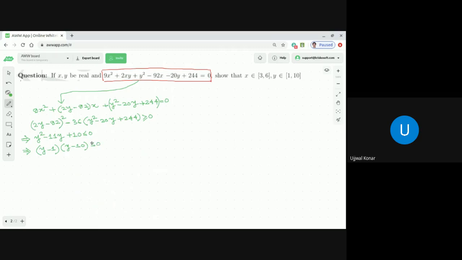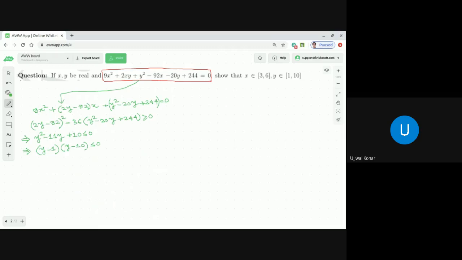Now, dear students, remember the same point I have uttered many times in our previous classes, that (x minus alpha) into (x minus beta) less than equal to 0 means x is in between the minimum of alpha and beta and the maximum of alpha and beta. So here alpha, beta are respectively 1 and 10.